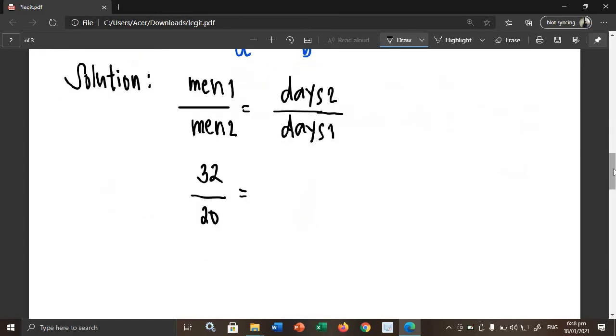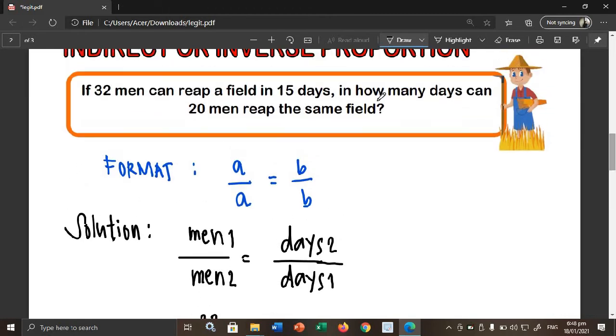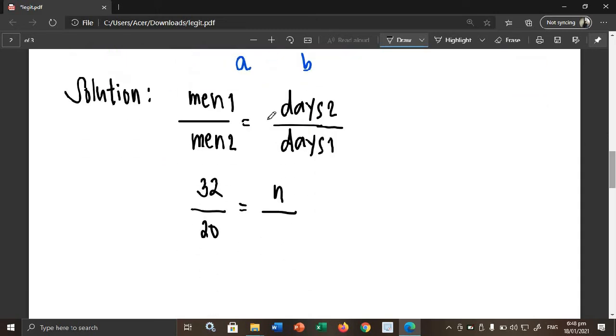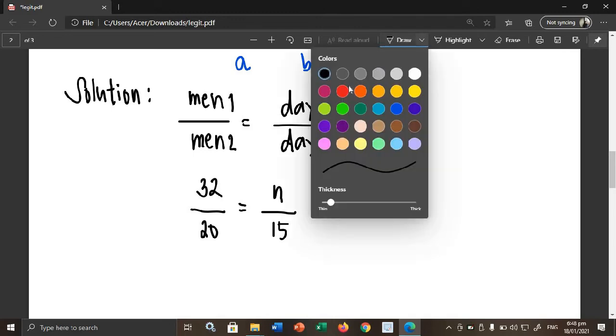Kasi yun yung hinahanap natin, ano? Yung number of days, kapag 20 na lang yung men na nag-reap ng field. And then, yung number of days na unang na-mention sa problem is 15. So, palit natin dito. Ayan. So, we now have our ratios.